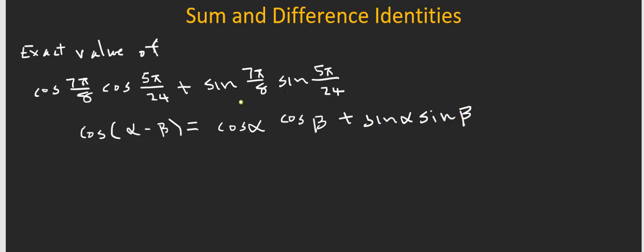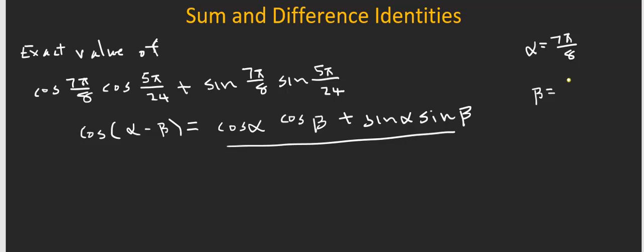Now this expression over here represents the right side. So what is alpha? Alpha is 7 pi over 8. What is beta? 5 pi over 24.